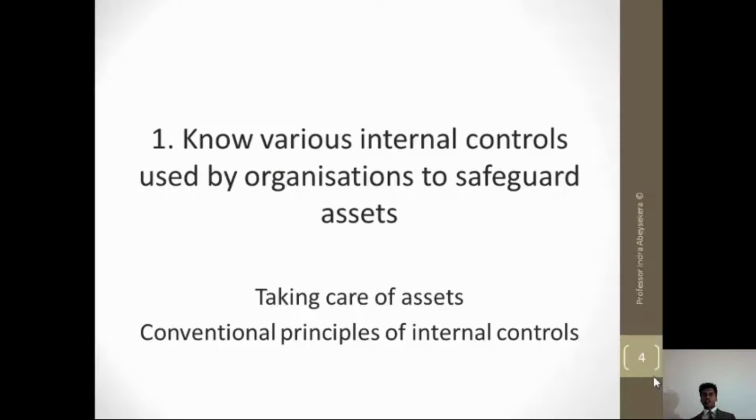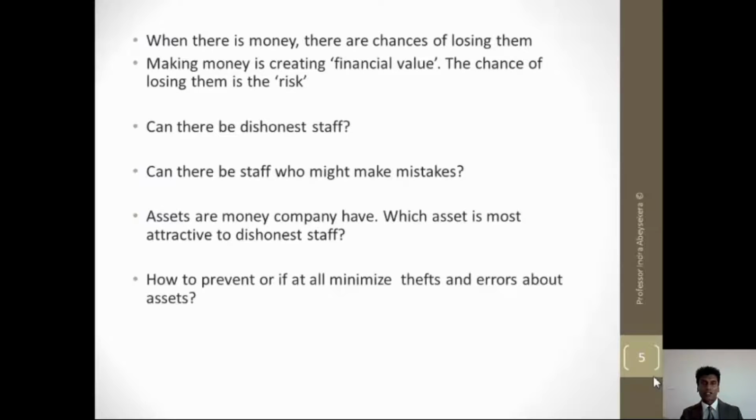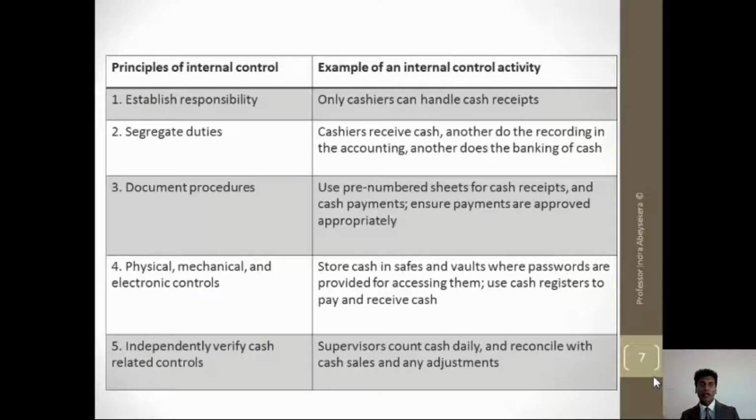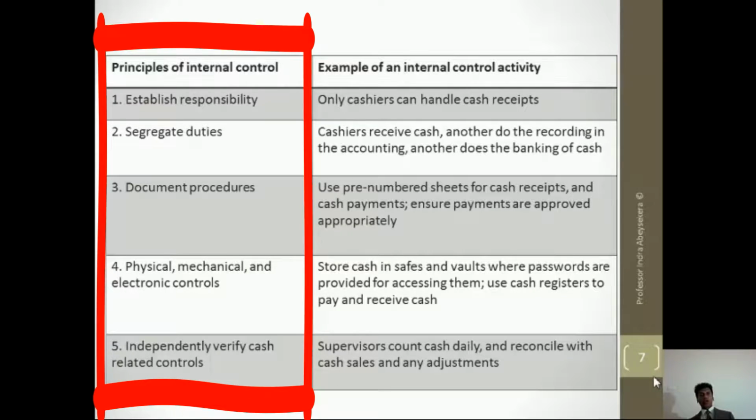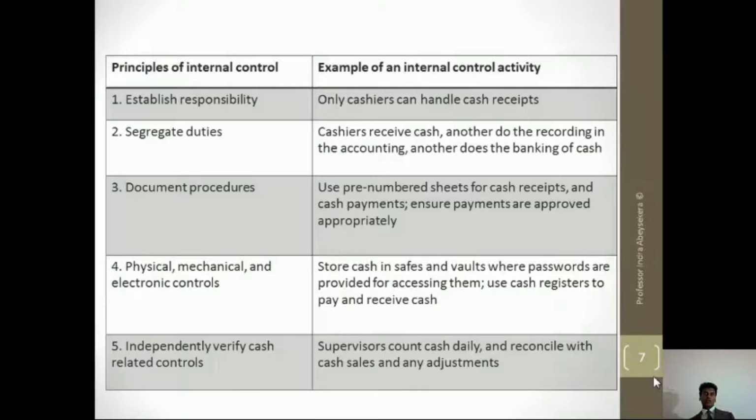Therefore, organizations use various types of controls internally to safeguard their assets. There are 5 principles of internal controls which can be applied to various mechanisms to internally control and safeguard assets.